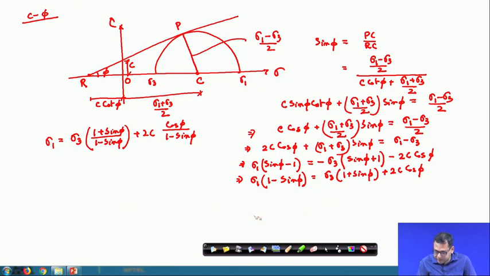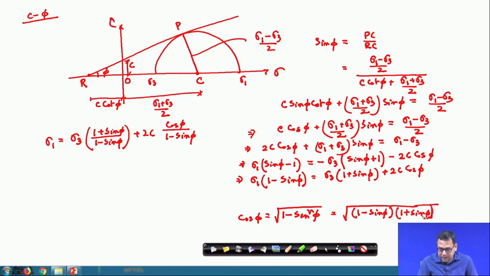And this cos phi I can write as root over 1 minus sin square phi. So, sin square phi I can write as (1 minus sin phi)(1 plus sin phi). And this 1 minus sin phi also I can write as root over (1 minus sin phi) square.